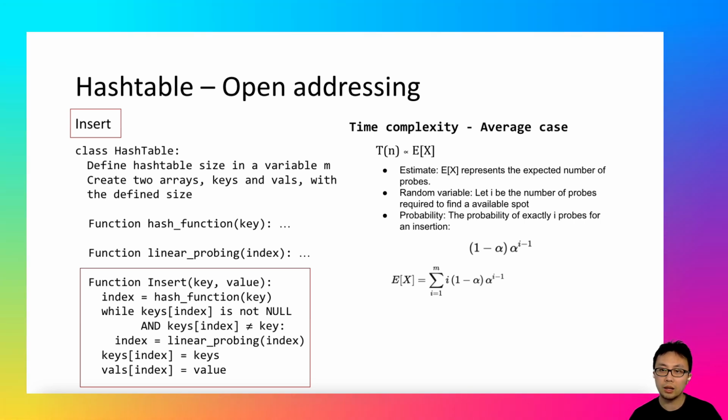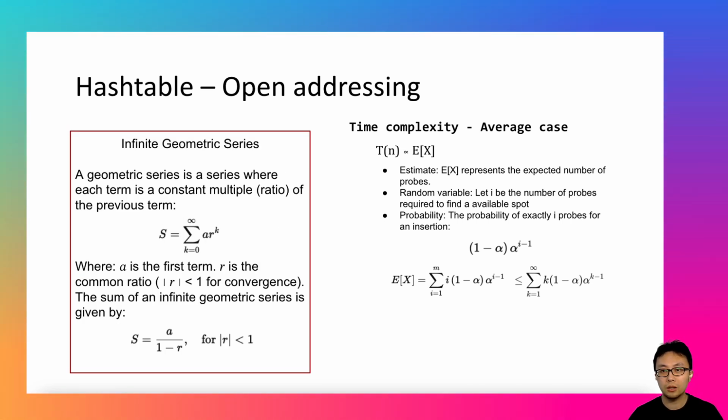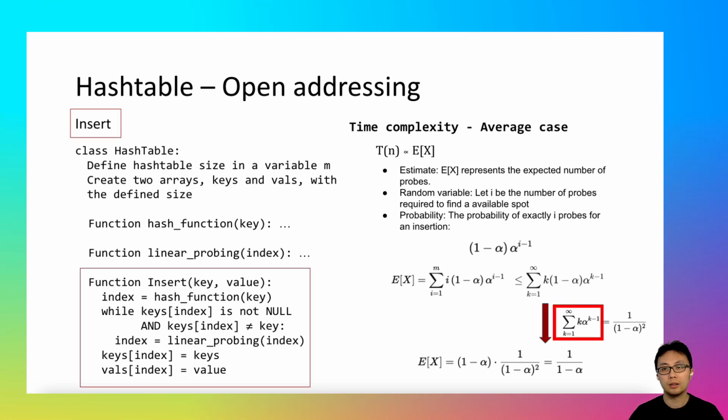We will relax the upper cap from m to infinitely large first, like this. After that, we will be able to estimate a part of the formula to a constant number based on infinite geometric series. Which part? This part. I mean the same formula, but without 1 minus alpha.